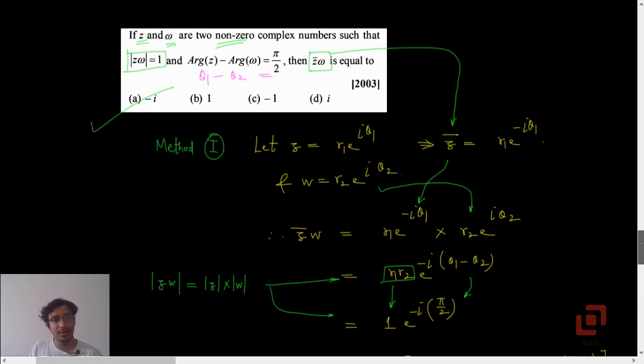We need to make sure that none of them is 0. The difference between the principal arguments of these two complex numbers is pi by 2, and if you take the modulus of the product of Z and W, that should be equal to 1, isn't it? These are the conditions.